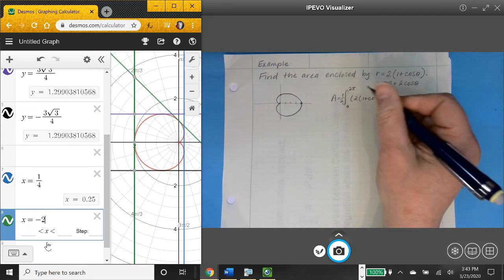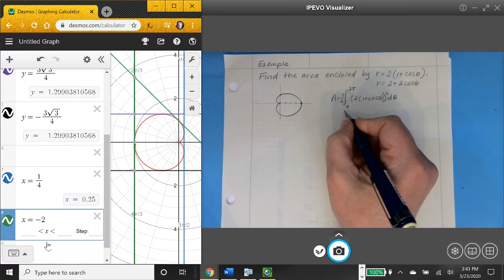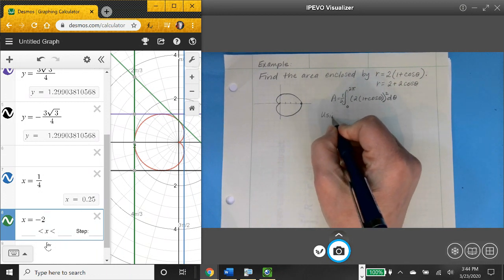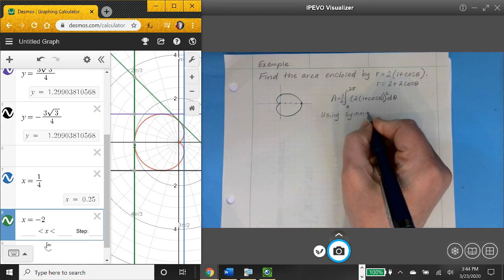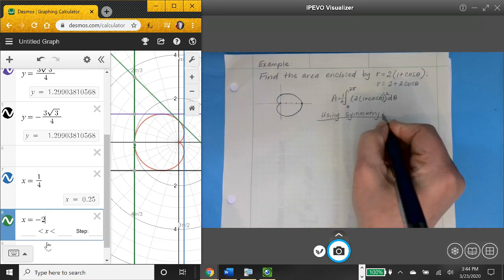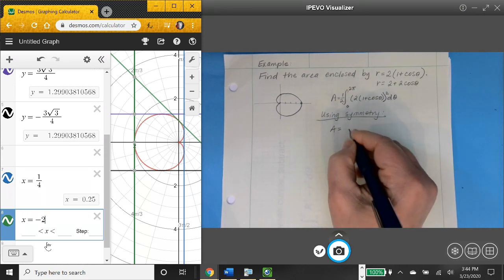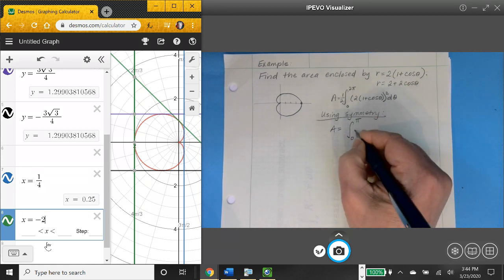Now we can go from 0 to pi if you like to use symmetry. So let's do that. So we're using symmetry. We say area is going to equal 2 times that, which would just be the area from 0 to pi, because the 2's cancel.